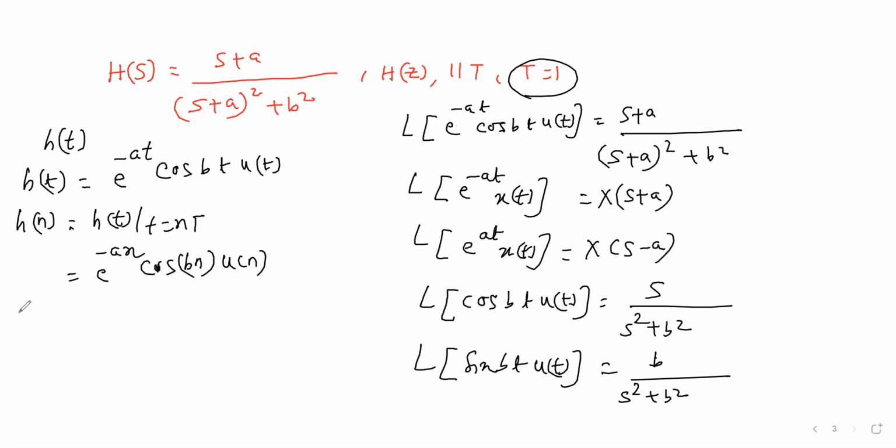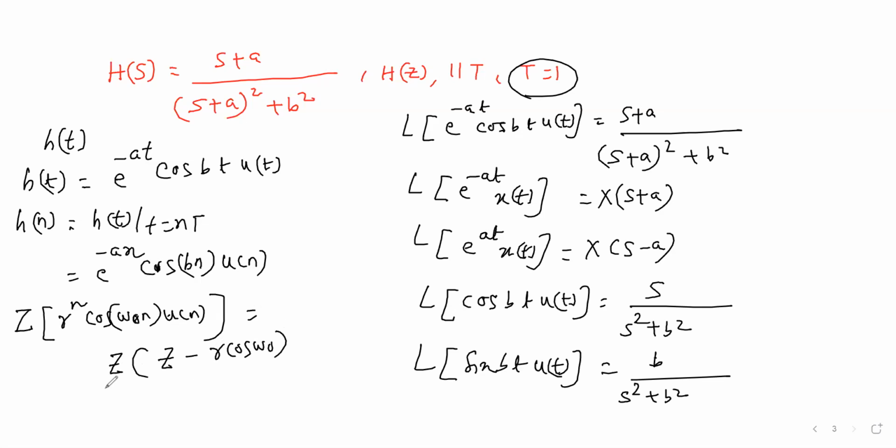Again, in the first unit people did Z transform of r to power n cos omega 0 n u(n). What is the formula? Z multiplied by (Z minus r cos omega 0) divided by Z square minus 2rz cos omega 0 plus r square.